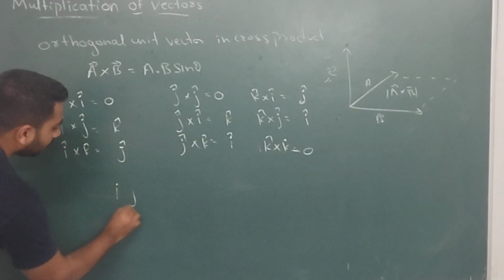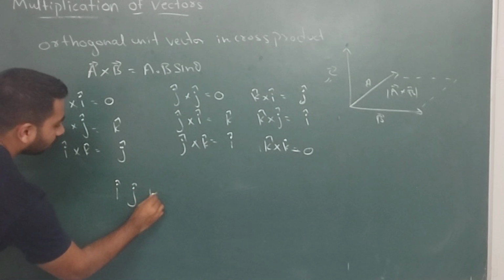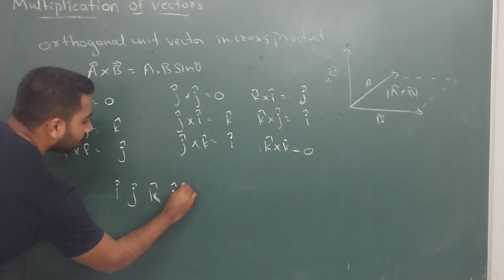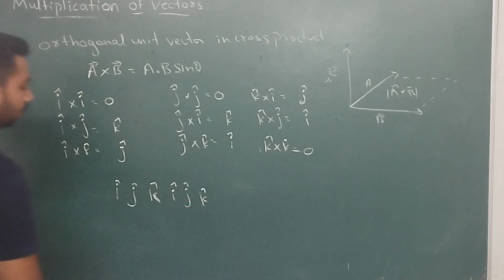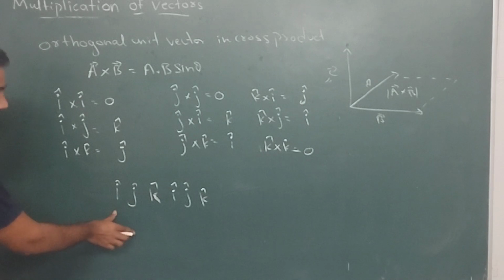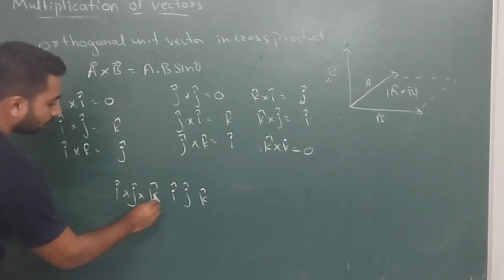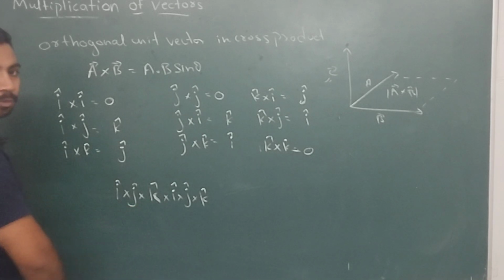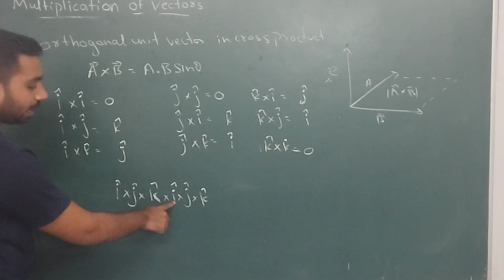Write this: i, j, k, and again i, j, k. If you follow the series one by one, the next one is positive. If you get i into j, then k is positive. If you get j into k, then i is positive.